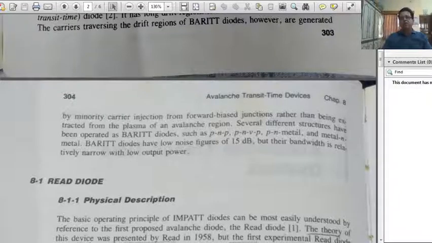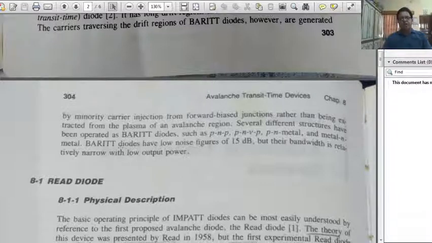Several different structures have been operated as BARITT diodes, like PNP, PNVP, PN metal, and metal-semiconductor-metal. There are different kinds of structures possible for a BARITT diode. BARITT diodes have a low noise figure of about 15 decibels.